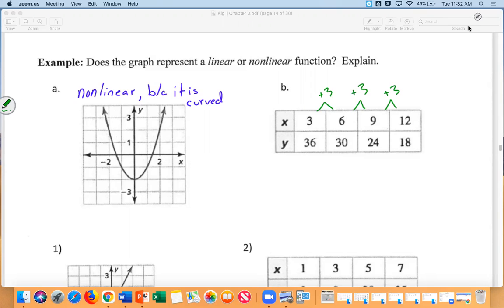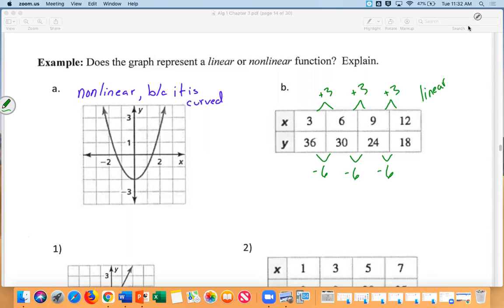Now, the y's have to go by the same amount too. It doesn't have to be the same as the x's. It just has to be the same across the x's and the same across the y's. Do you see how all of these are the same? Negative 6 over 3, negative 6 over 3, negative 6 over 3. Do you see how they're all the same? This would be linear.